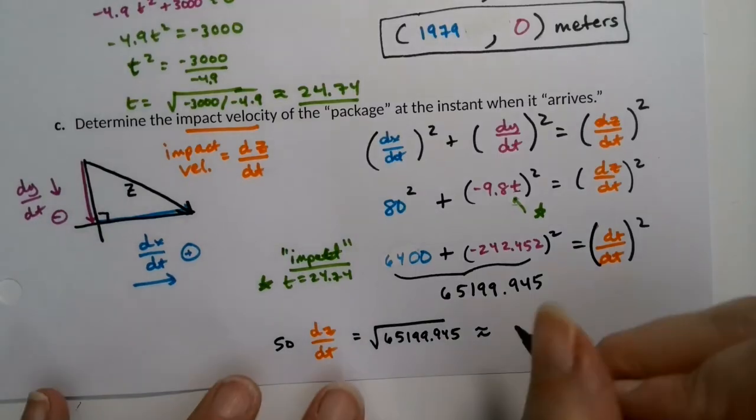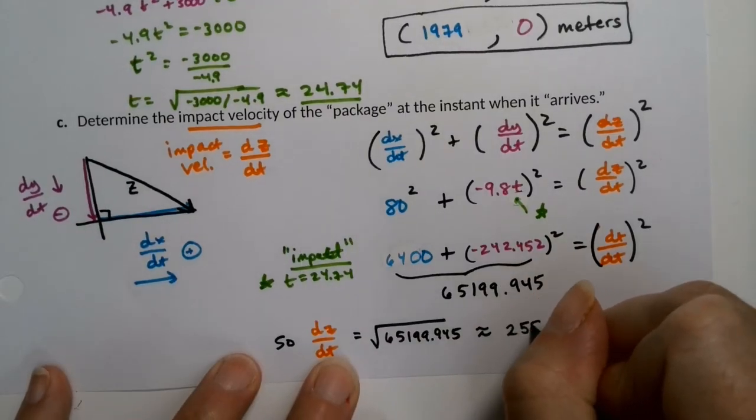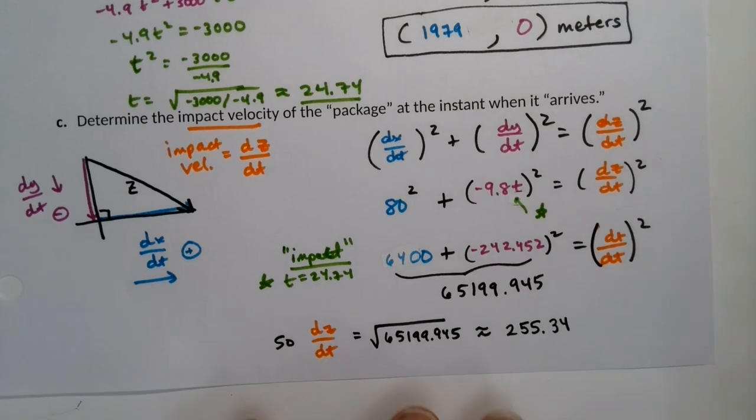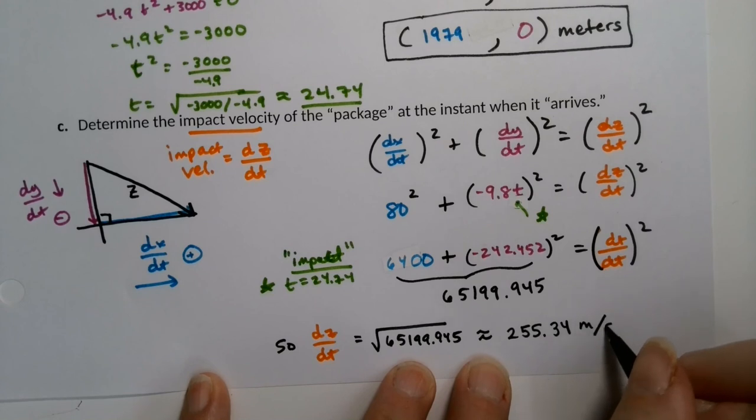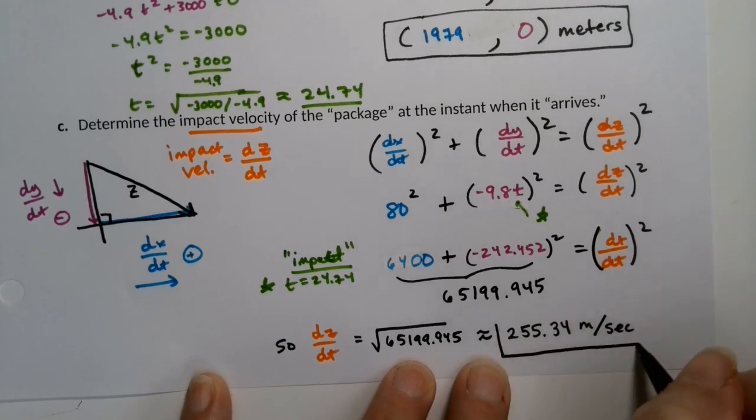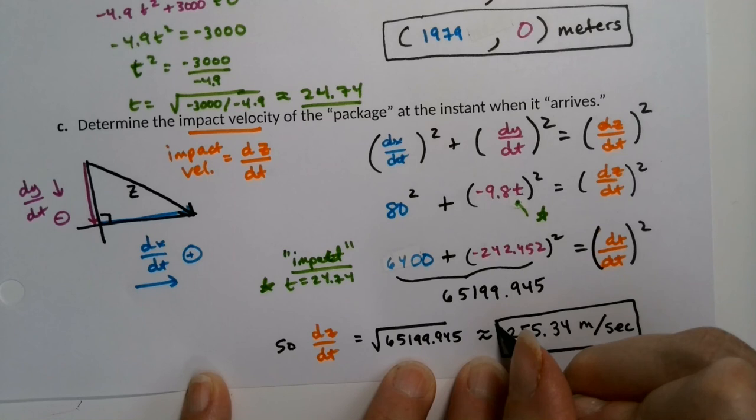Let's leave it at that. Now, it's an impact velocity, so its unit must be meters per second. It's a velocity, distance divided by time.